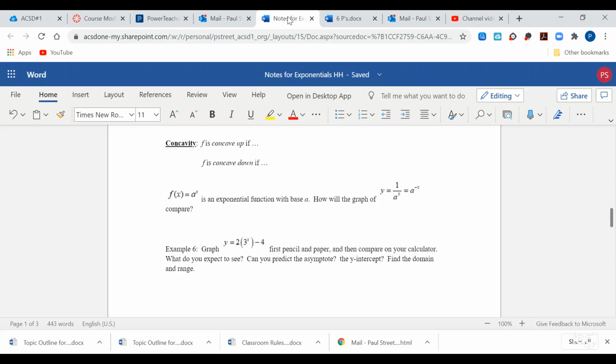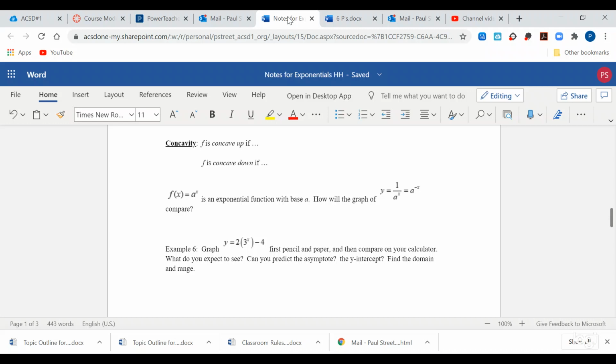Now, we talked about concavity a little bit. So a function is concave up. There's a couple ways you can think of this from what we learned last year in AP Prep. And we're going to learn some nice calculus ways of determining what's going on here. So F is concave up if, and I'm going to say the words, bowl-shaped up.